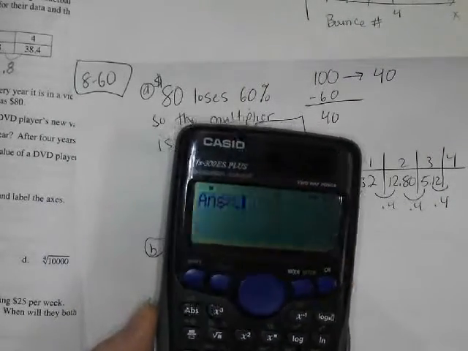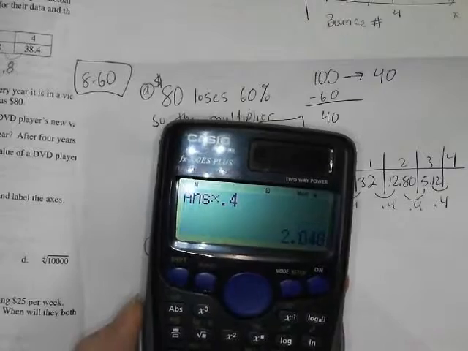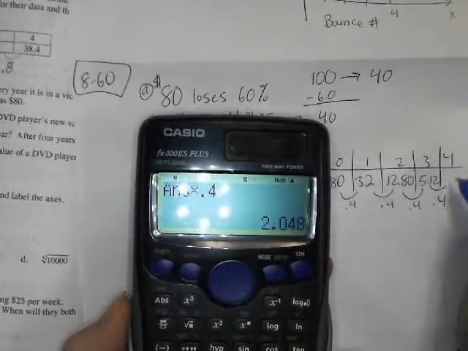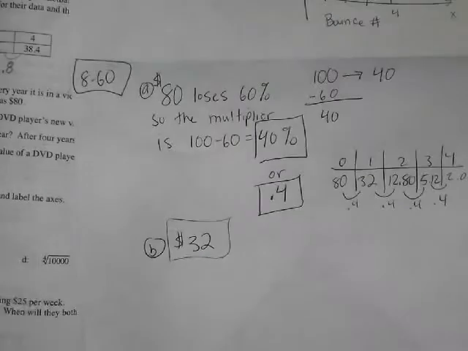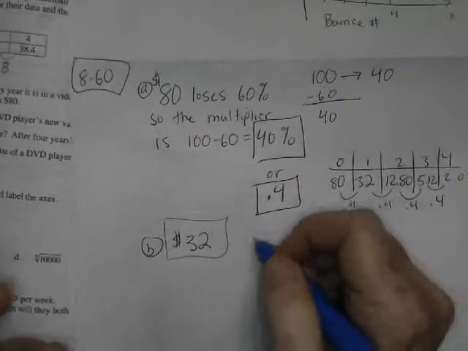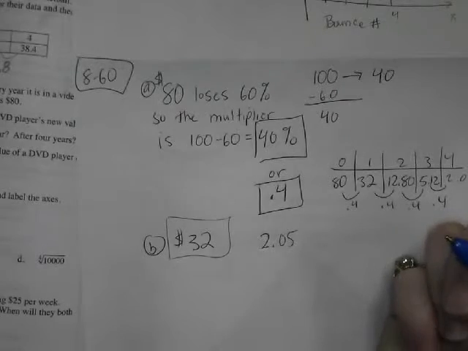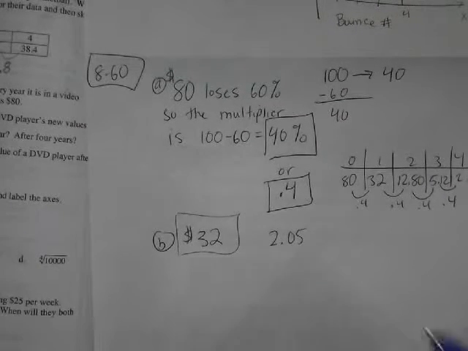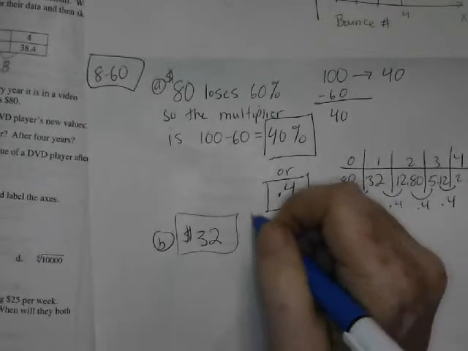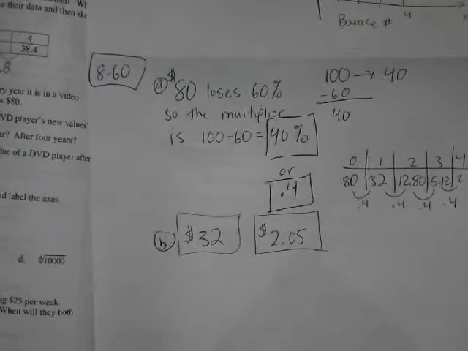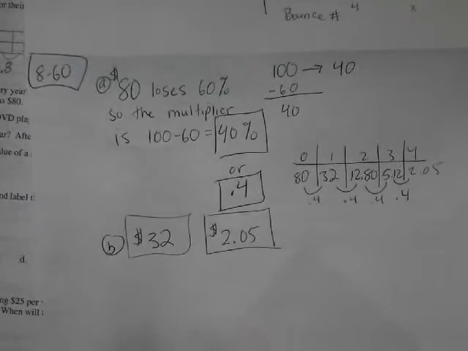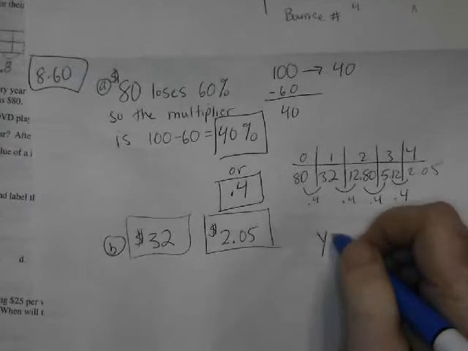Times 0.4, and now it's only worth $2.05. So we can say it's worth $2.05. What is this thing? It's a DVD player. They just depreciate a lot. If we wanted to, couldn't we go like this?